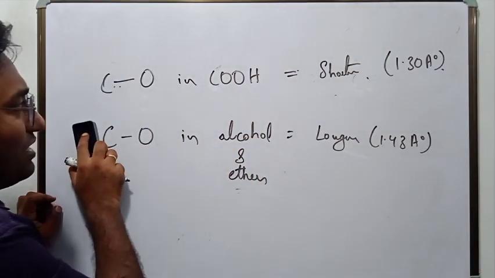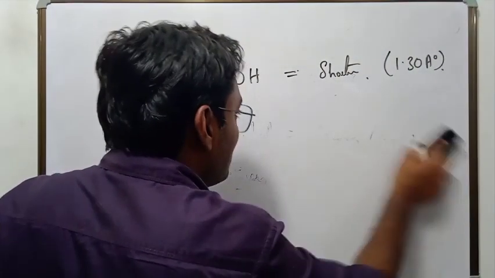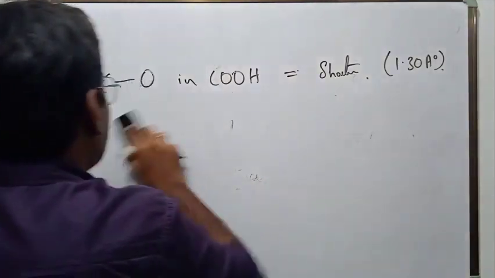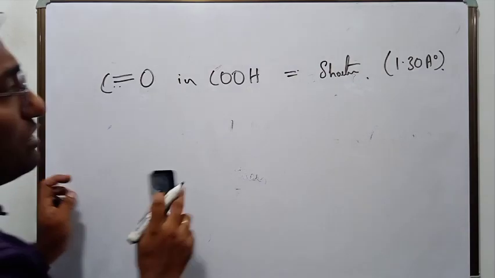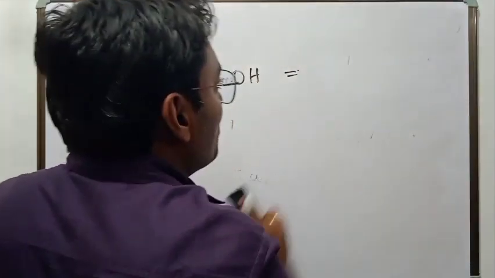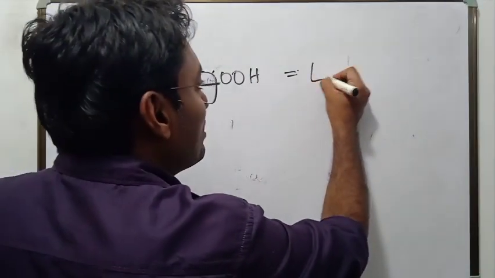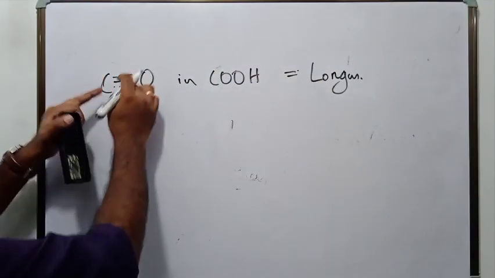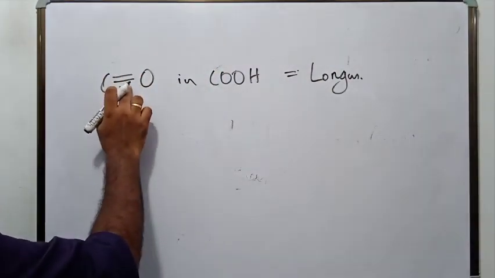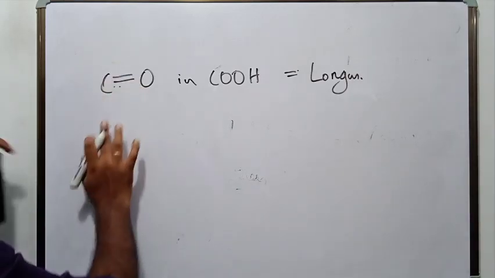Another proof: X-ray diffraction method also shows that the carbon oxygen double bond in COOH is, no doubt, longer. Because it is not a pure double bond, it's always intermediate between double and single bond.